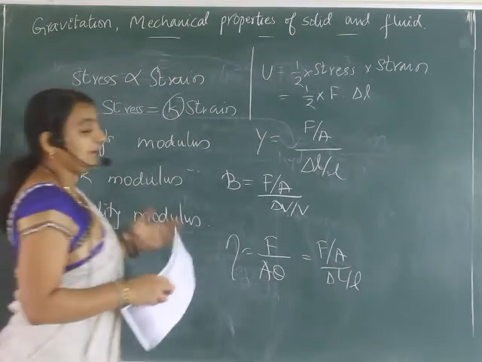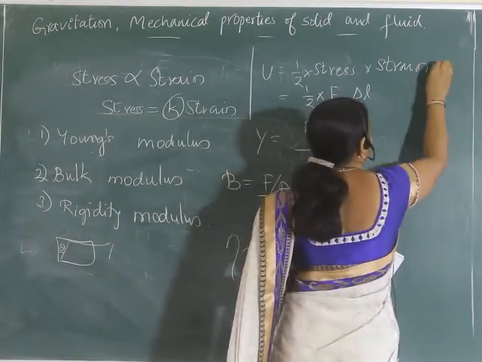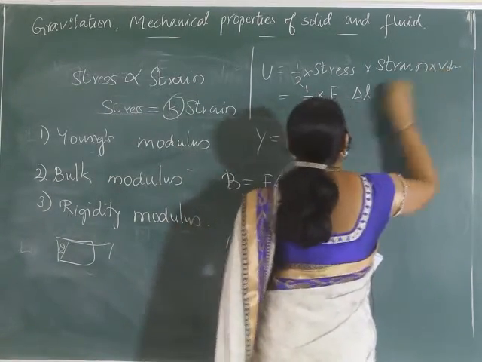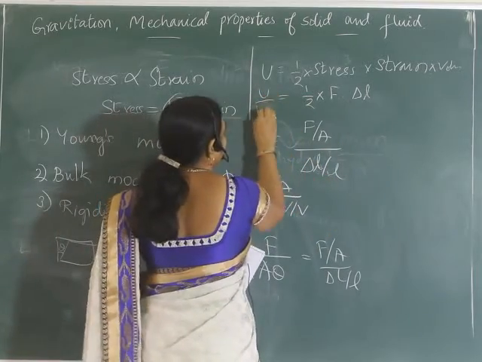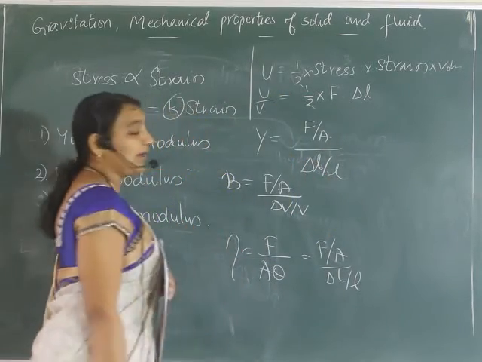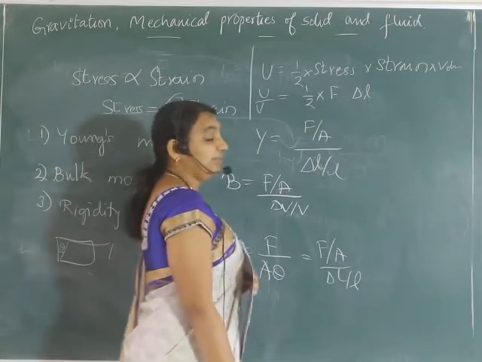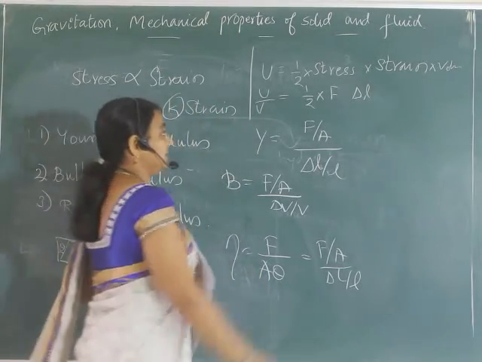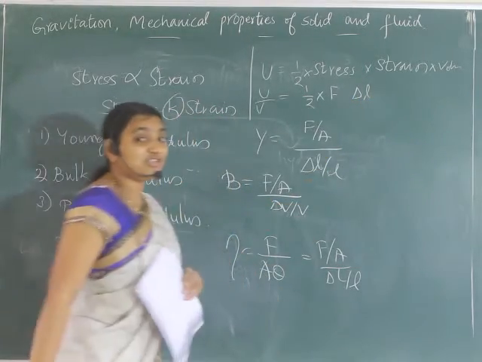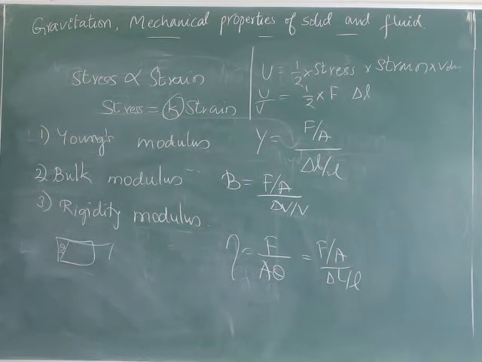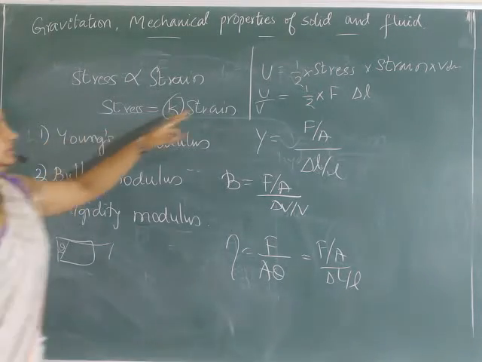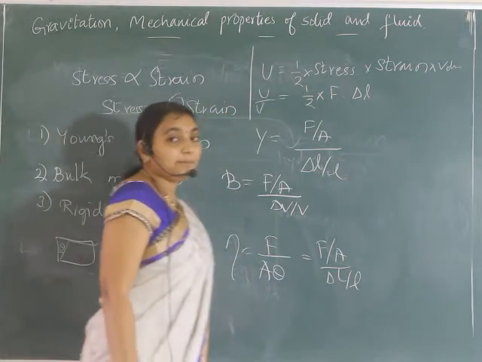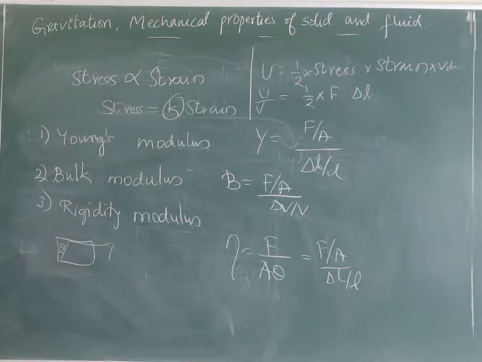If it is not per unit volume, this should be into V, volume. We always speak about energy stored per unit volume is equal to 1 by 2 F into delta L, where F is the force, delta L is the change in the length. So these are the expressions for the energy stored in a stretched wire.